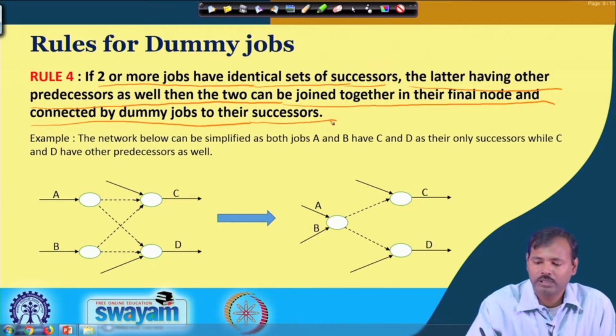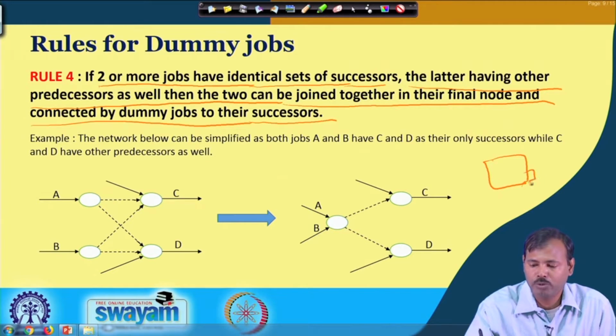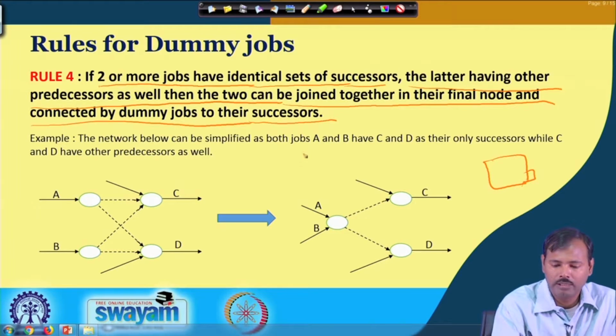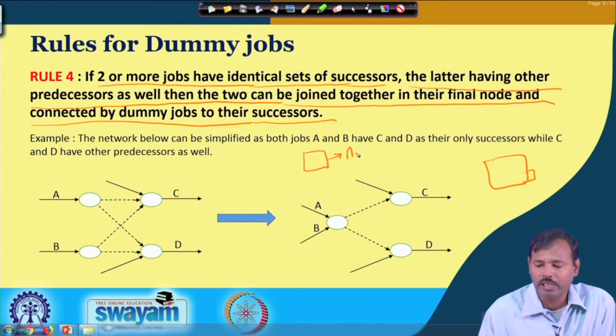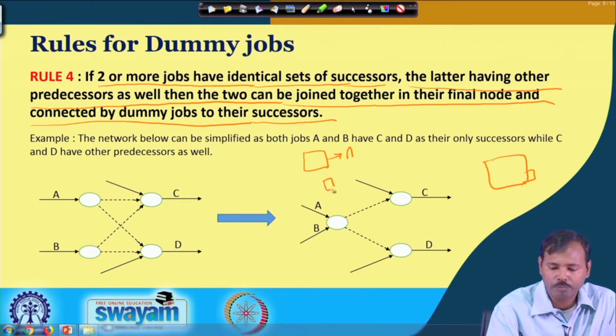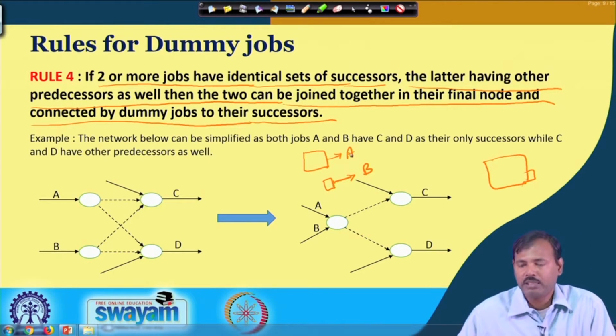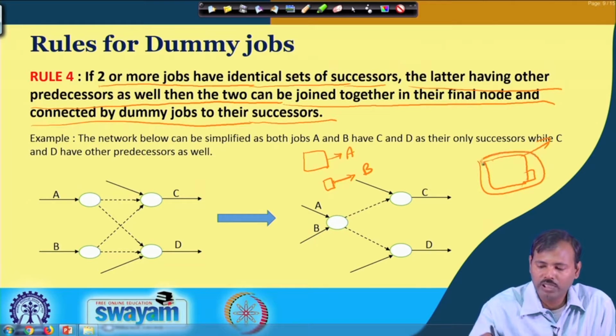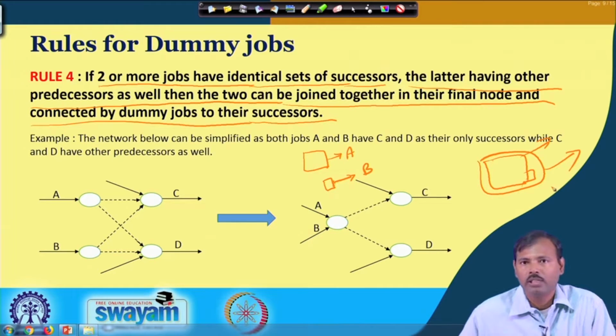So, the LCD screen is manufactured, which is the job A. The power board for this is manufactured, which is activity B. But after that onward, both will be joined together and used together.